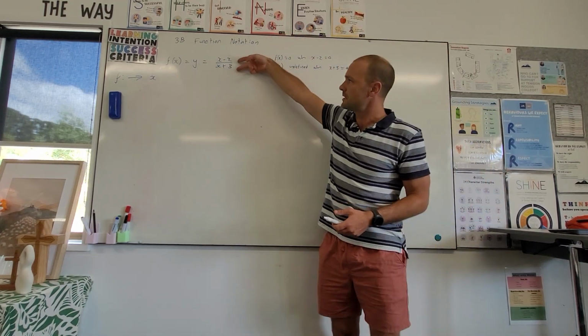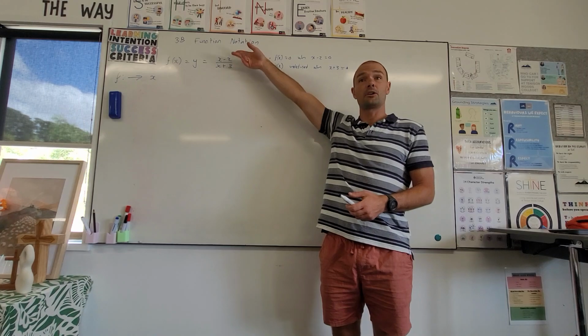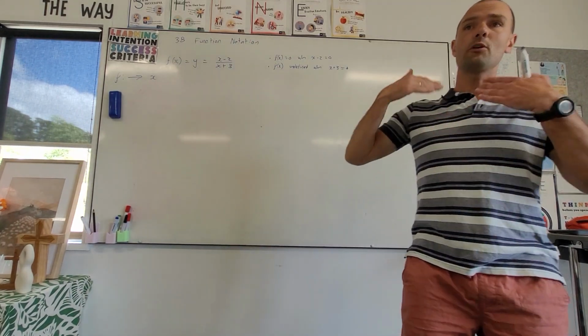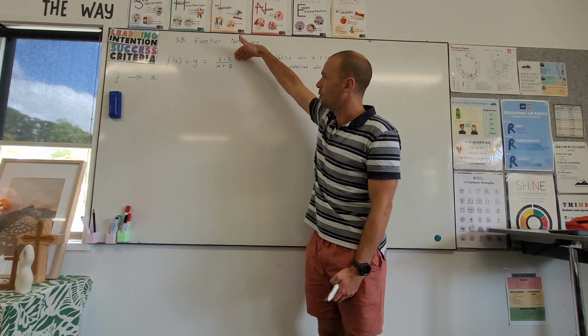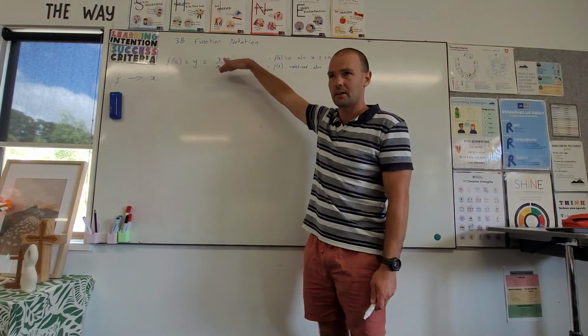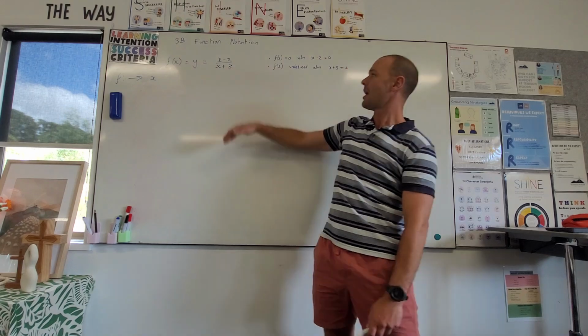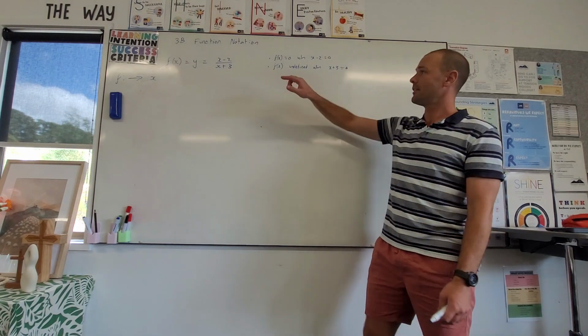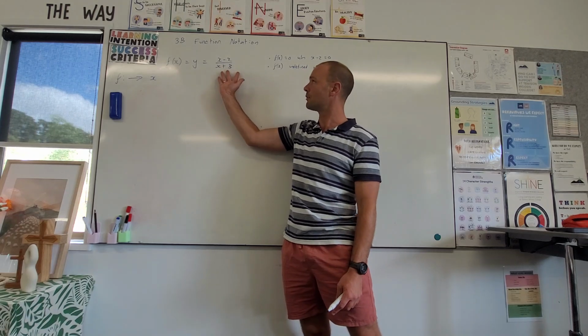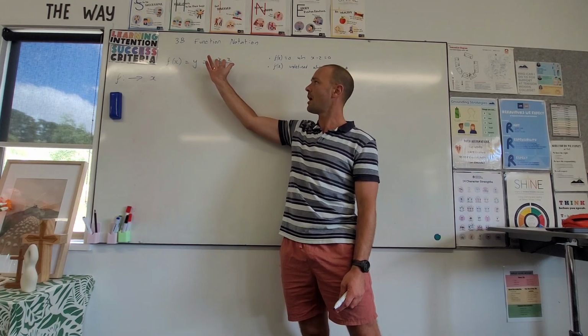Now we're looking specifically at this type of function as well, when we have things at the top and things at the bottom. We know the top of the fraction is called the numerator, and the bottom is called the denominator. In your notes, it's written there that this function will equal 0 when the numerator is 0.